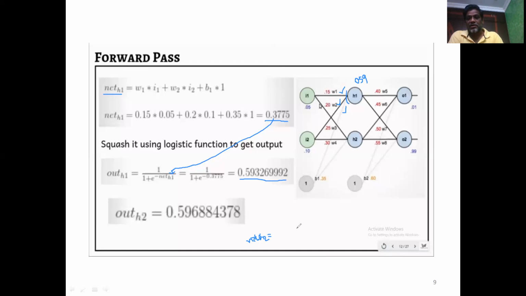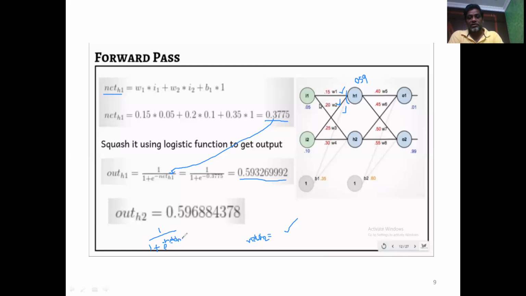Whatever value you get for this net H2, you just pass it to the sigmoidal function just like this, and out H2 will be calculated as 1 by 1 plus e power minus net H2 that we calculated in this step. That is the formula for calculating out H2.